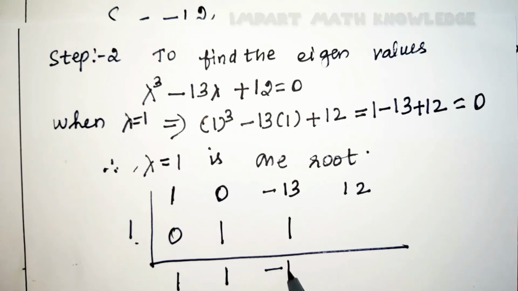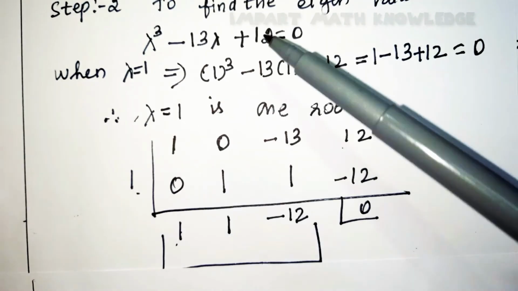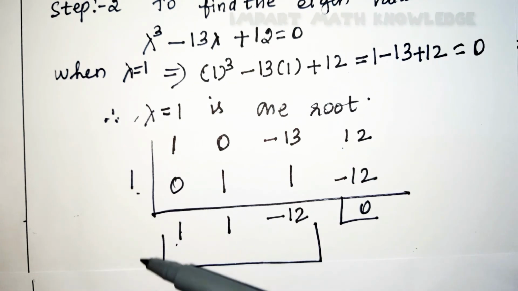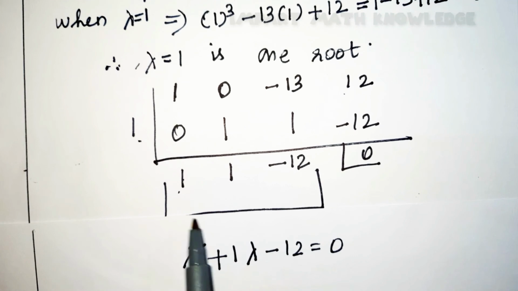So, you will get minus 12. Minus 12 into 1 is minus 12. This is 0. To reduce the third degree equation into a second degree equation, we use synthetic division. This can be written as 1 into lambda square plus 1 into lambda minus 12 is equal to 0.